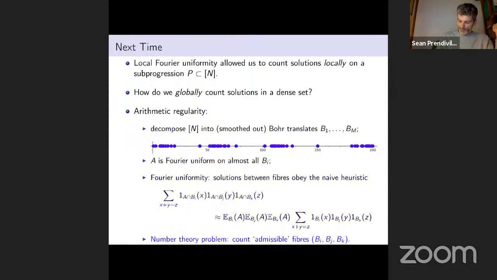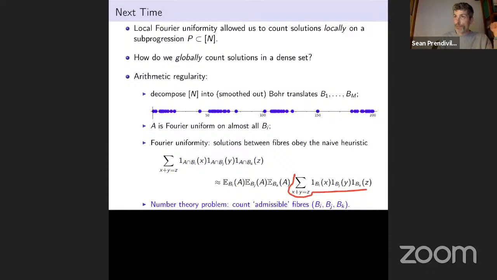Okay. And then there's the number theory problem. You have to show that the number of solutions within the ambient fiber is large. Or you have to actually count the tuples which contribute a large count. So in this case, if we add this interval to this interval, we're going to be in this interval, and we're not going to have any solutions.